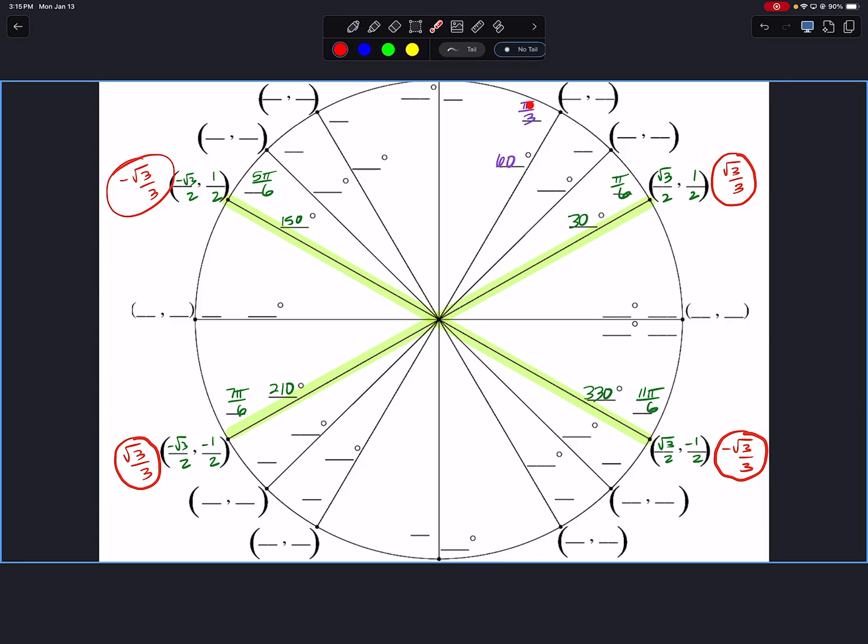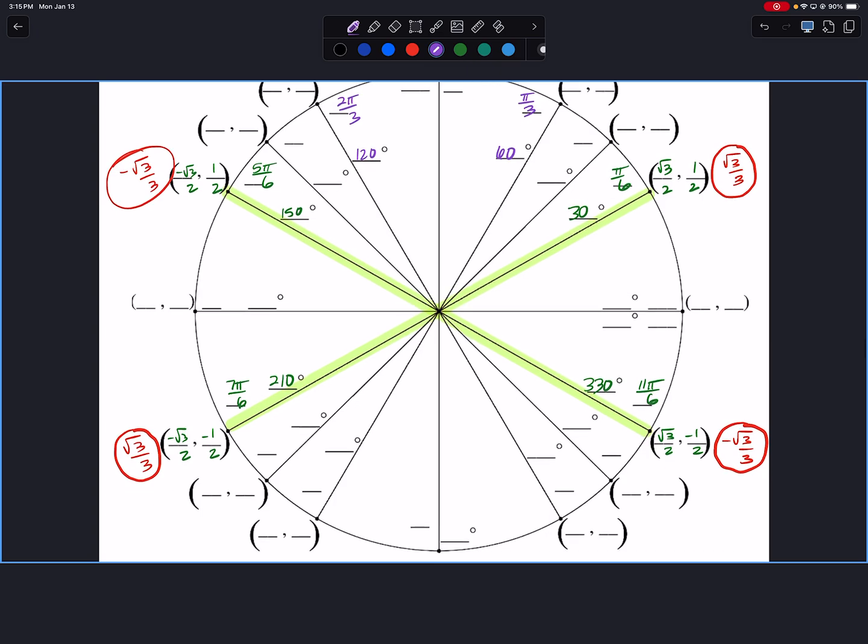All of your pi over 3s are the angle that is closest to the y-axis. So in this quadrant, this angle is closest to the y-axis. How many degrees is this? 120. And this is 2 pi over 3. Down here, this angle is closest to the y-axis.